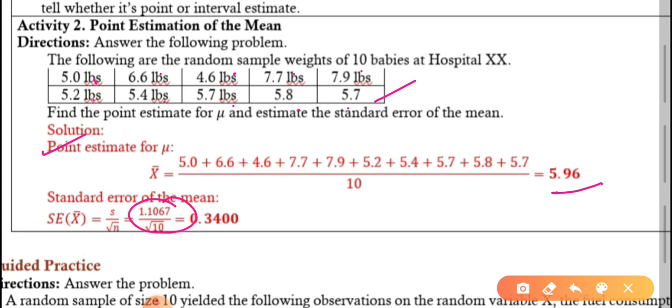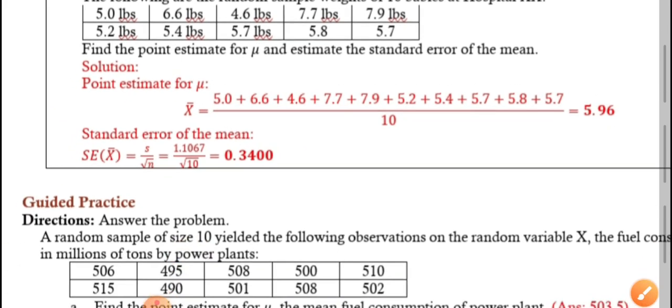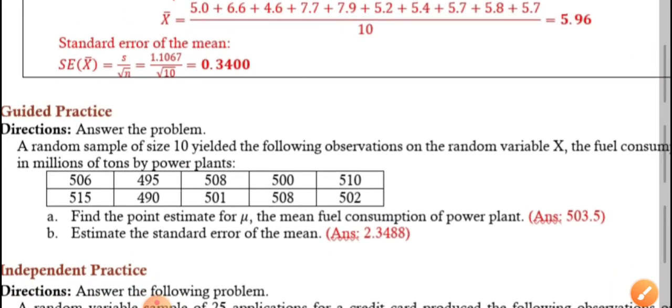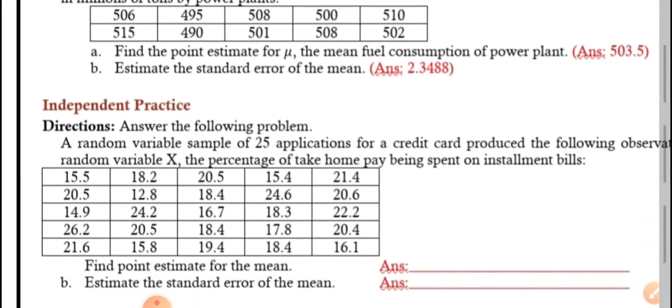And to get 1.1067, just like what we did in Excel, encode all the given data, then look for the value of STDEV.S. Then we will have 1.1067 divided by the square root of 10, and that's going to be 0.3400. So just answer this independent practice.